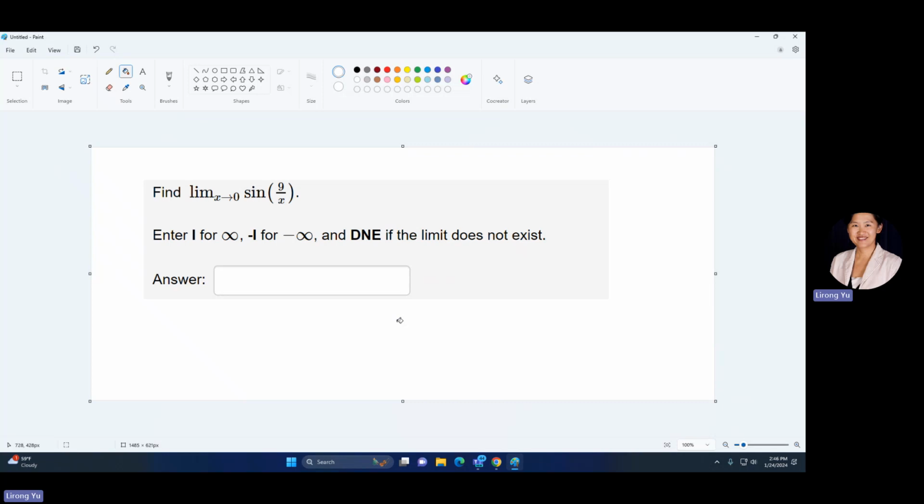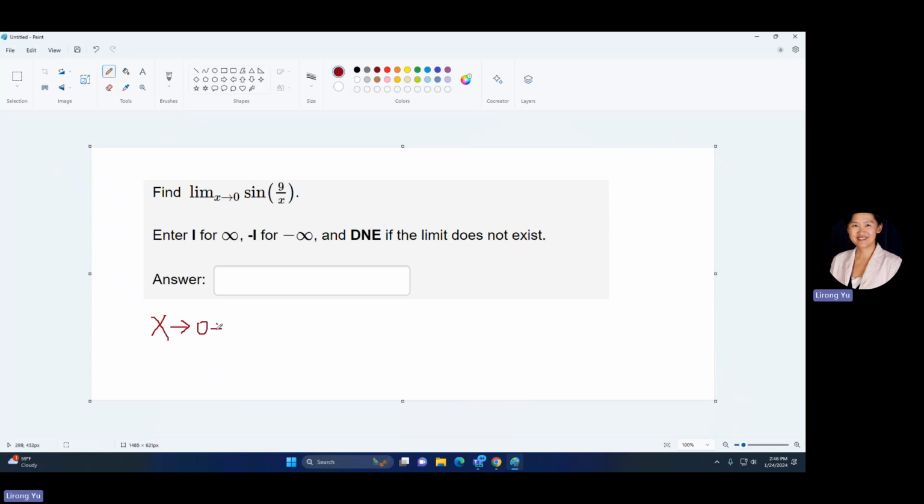I think it's undefined. Let's think of it logically. If x is approaching 0, there's no left side or right side. That kind of makes it a little hard to do.